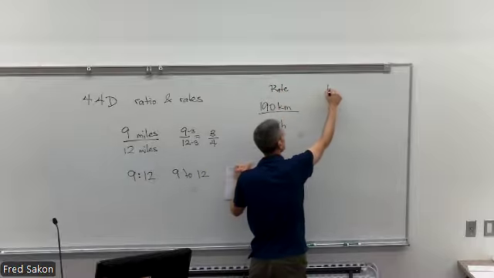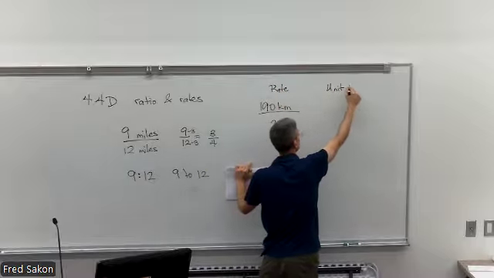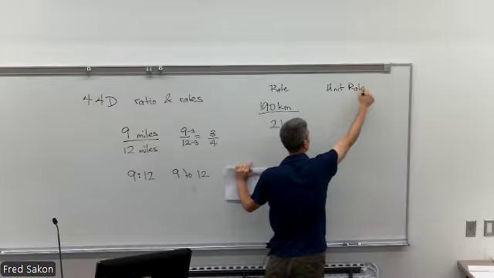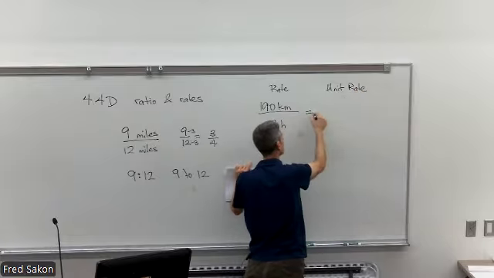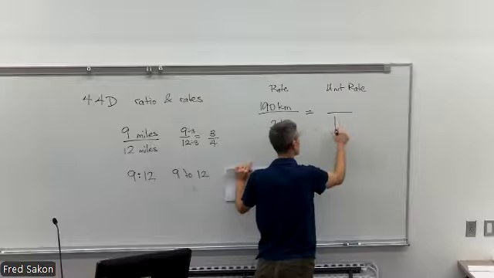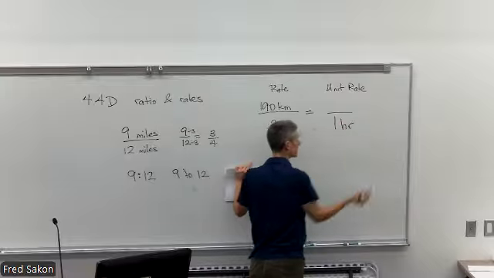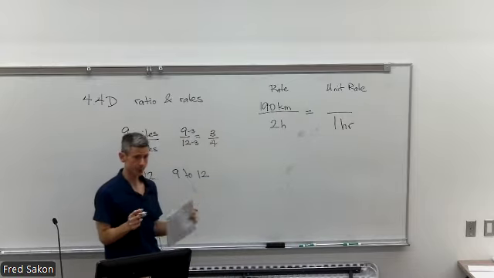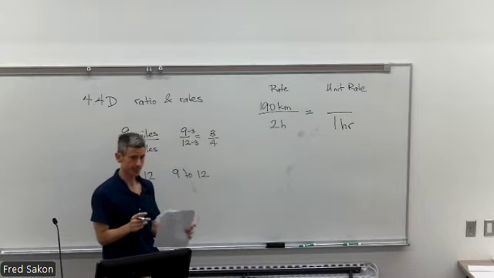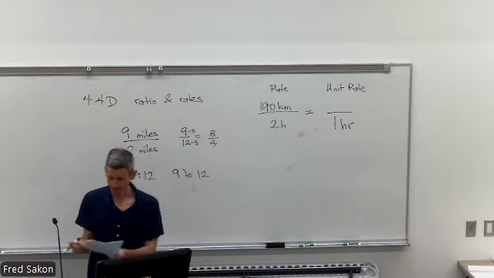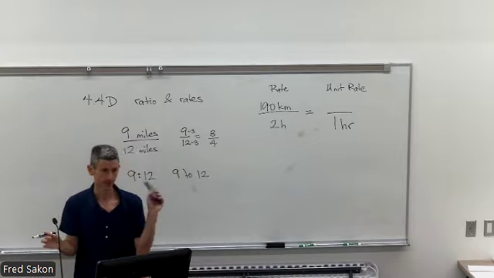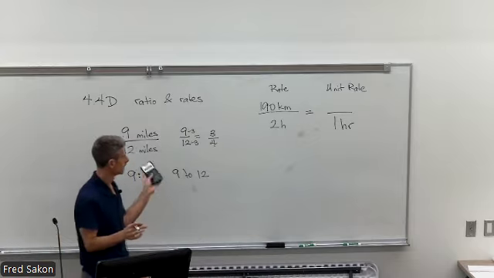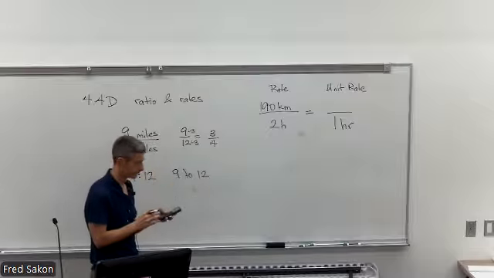If we want to convert it to what's called a unit rate, then basically what we're trying to do is force it to be one, or a unit, 1 unit on the bottom. And how we do that is exactly how we were doing earlier, just division. 190 divided by 2.